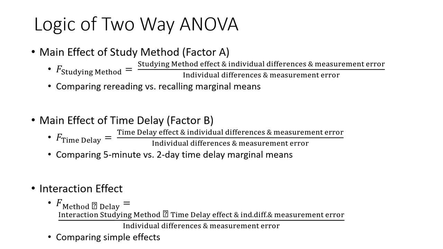So maybe if you're going to take a test in 5 minutes, a certain study method would be better, but if you're going to take the test after 2 days, a different study method would be better. So the interaction explores the idea that certain conditions influence what is better in one situation versus another. It's called an interaction: this interacts with that to affect the dependent variable.